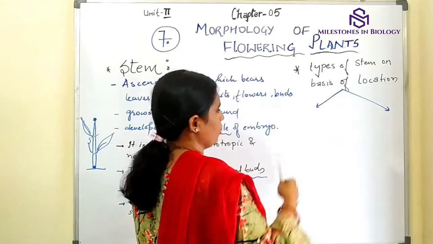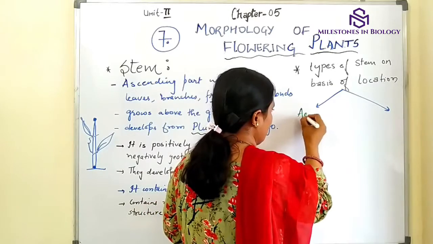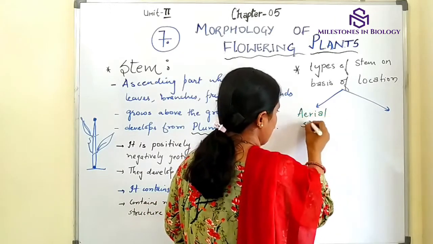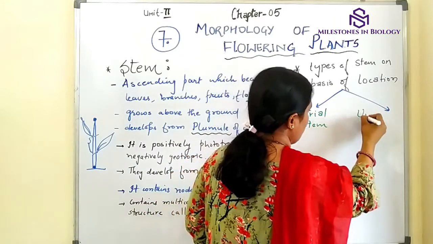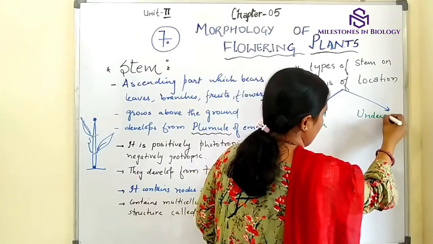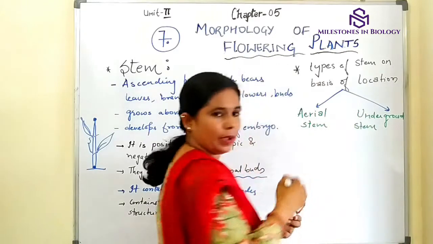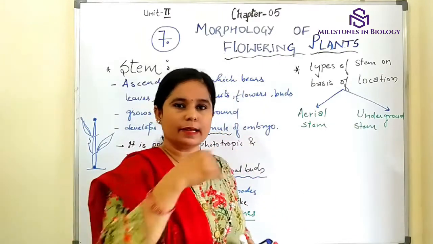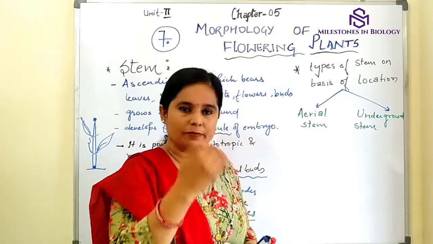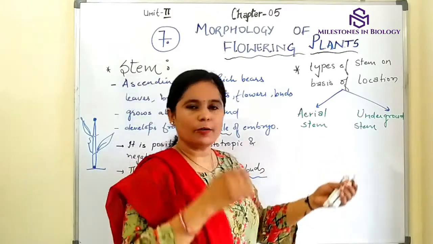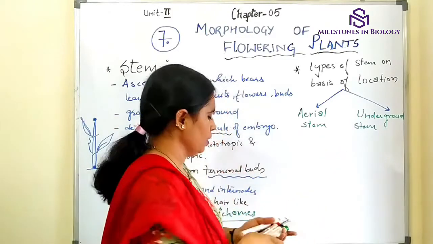One is called aerial stem and the other is called underground stem. Fine. Now, aerial stem grows in the aerial part, means above the ground, and underground stem will grow below the ground.